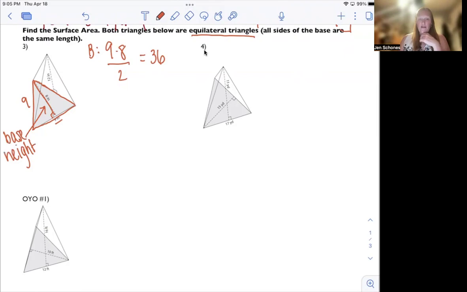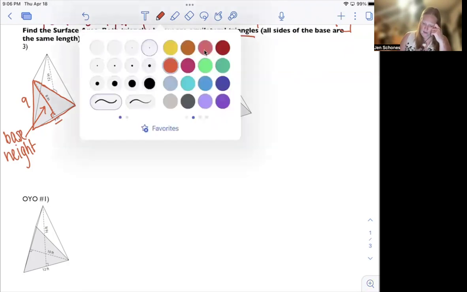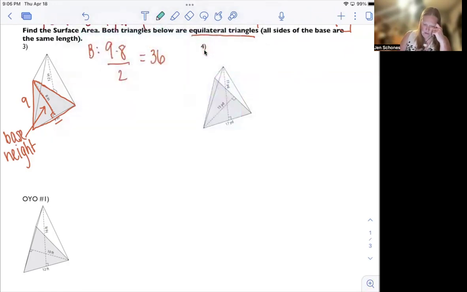The base height is how tall the triangle is on the bottom of the shape. Now, there's another height because the sides are triangles, and those triangles also have a height. So this right here, this 12 right here, is called the slant height.